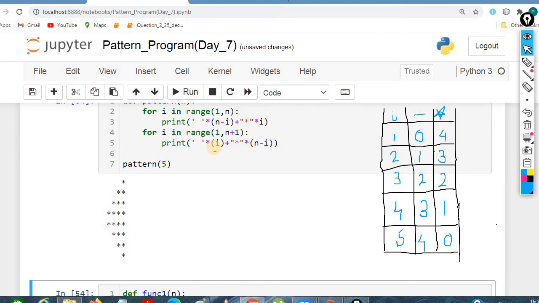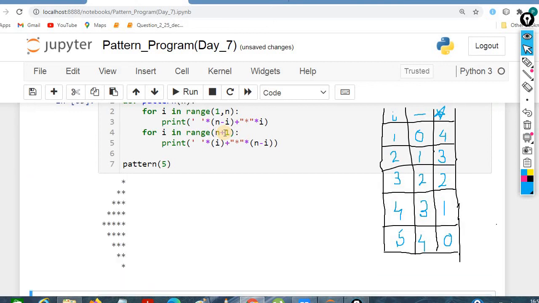This will get the equivalent stars. To avoid that, we give this as 0. If we are not giving anything, the range should always start from 0 only. So we will get the desired result.